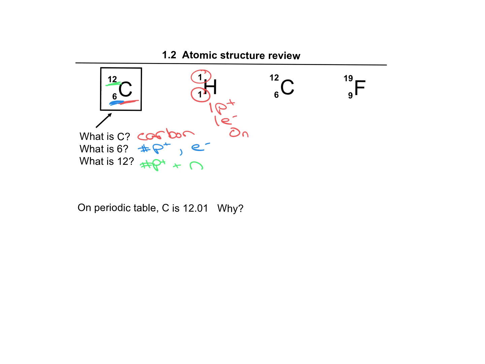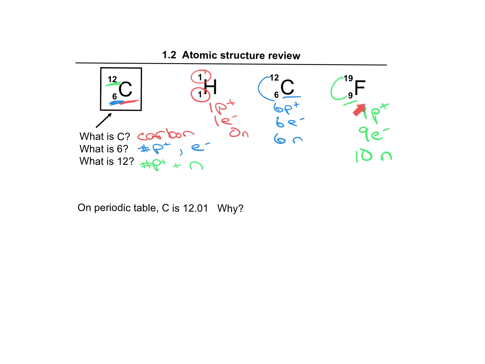Once again, with carbon, we know that we have 6 protons, 6 electrons, and 12 minus 6 gives us 6 neutrons. F is the symbol for fluorine, and we know that we have 9 protons and 9 electrons, and then 19 minus 9 tells us that we have 10 neutrons.